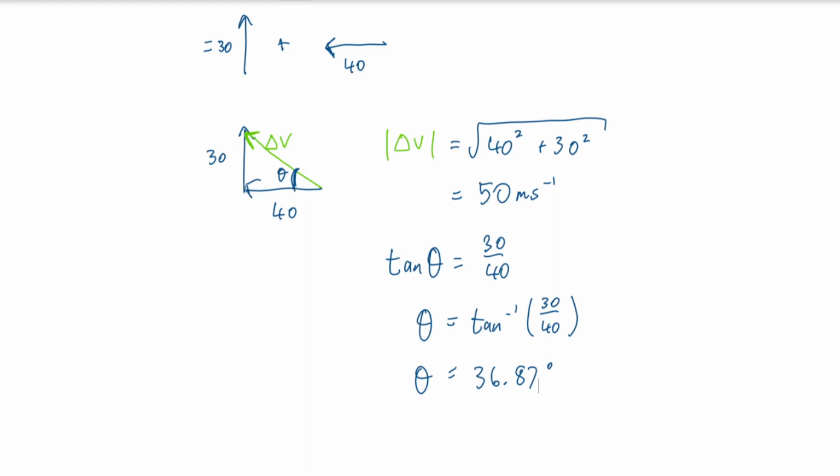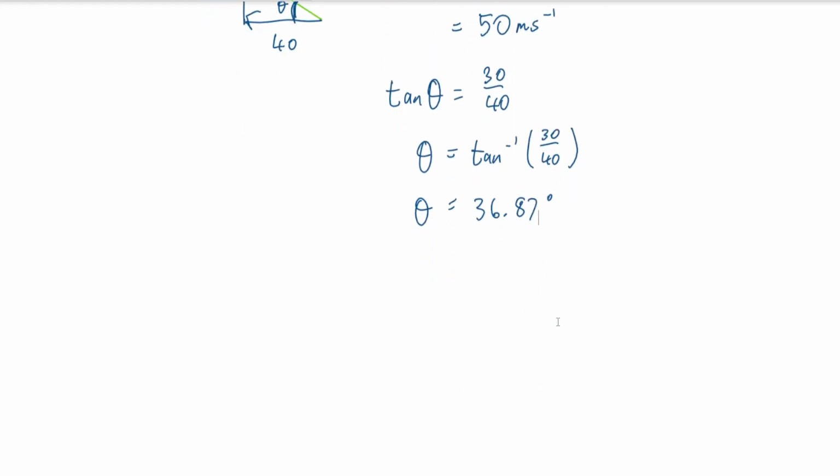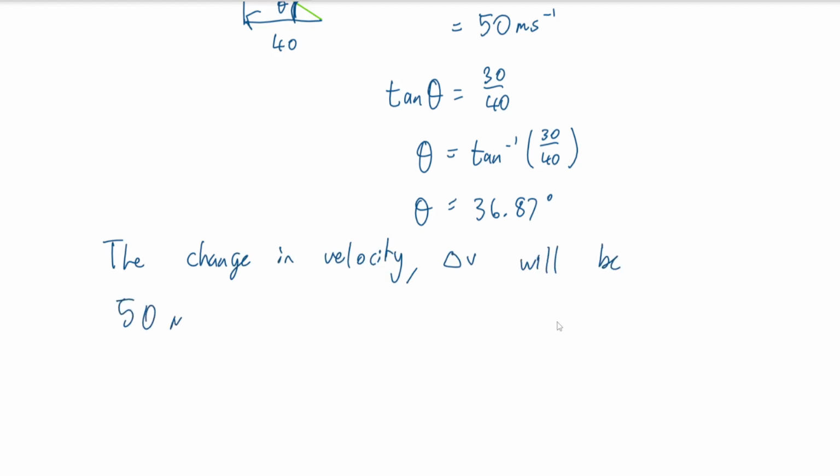And so how would we formulate our final answer? Well, we have a magnitude and we have an angle. So let's put it into a sentence. The change in velocity, denoted by delta V, will be 50 meters per second at an angle of 36.87 degrees.